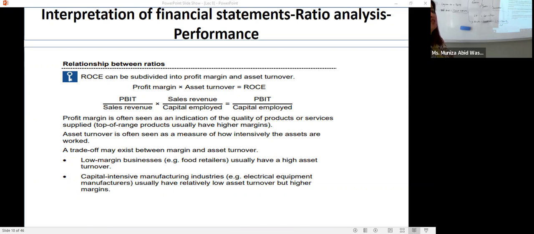A higher rate of depreciation is deducted, so the profit decreases, and when the profit decreases, the profit margin decreases. The more the depreciation, the lower the value of the asset, so the asset turnover ratio becomes high. Sales revenue is more than the capital employed, more than the net assets. The asset turnover ratio increases, whereas your profit margin decreases.